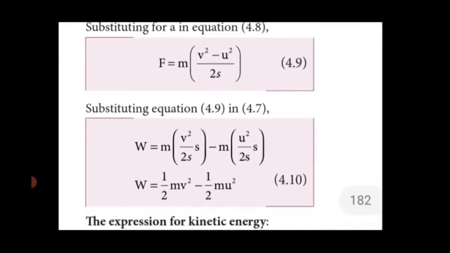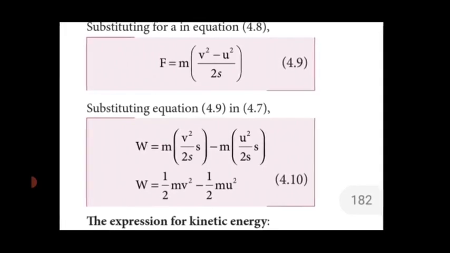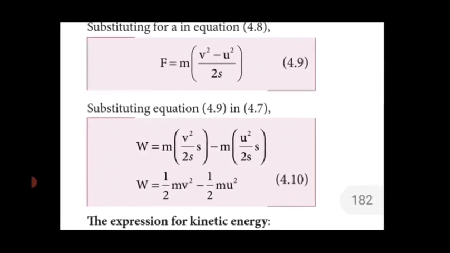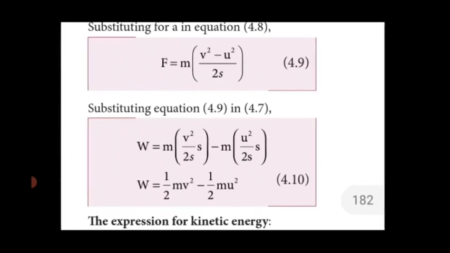Now we can write this separately. W is equal to Fs. So the F value is m into v square minus u square by 2s, and we have one more s for the work done. That is m v square by 2s into s minus m u square by 2s into s.